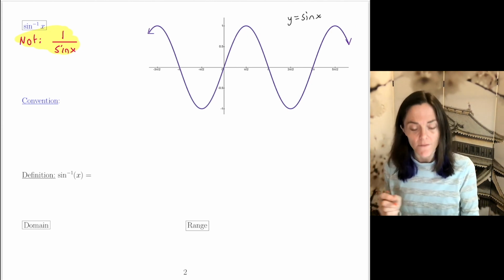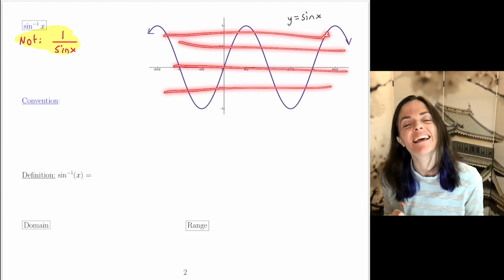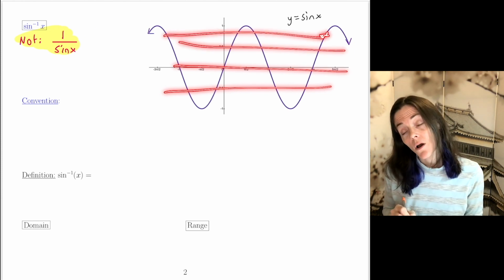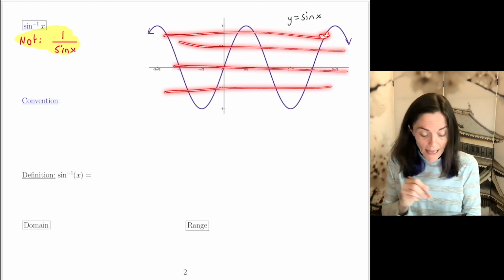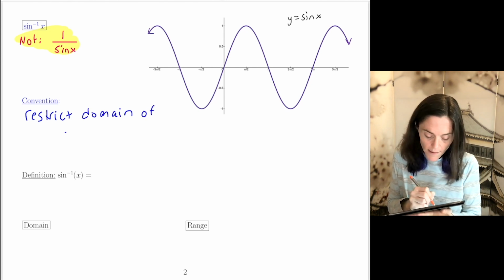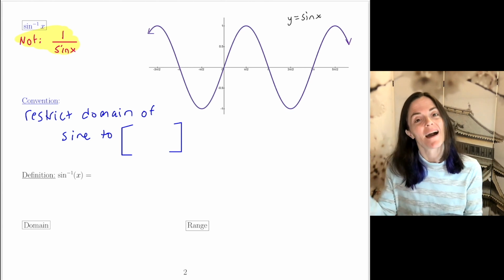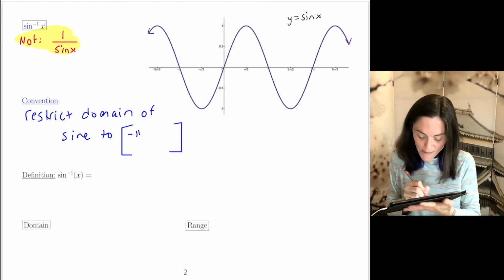Now, looking at the graph of the sine, that would say every horizontal line needs to intersect the graph no more than one time. And the convention is we restrict the domain of the sine to this closed interval from minus pi over 2 to pi over 2.